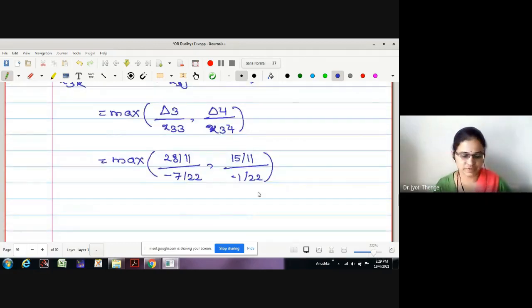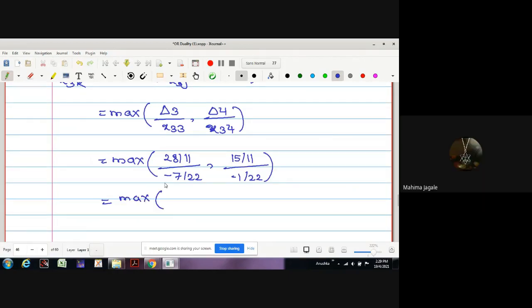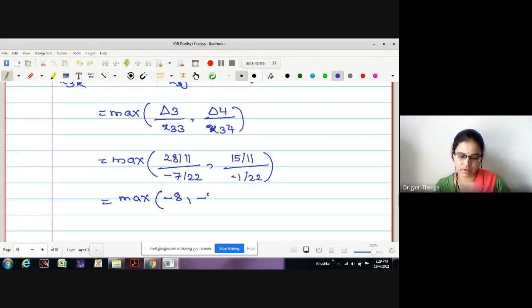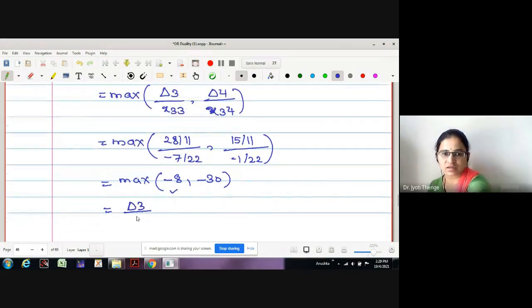Which one is maximum? What is the value of the first one? Minus 8. For the second, 11 to the 2, 15 to minus the 30, minus 30. So minus 8 is maximum, which corresponds to delta 3 upon x33. Correct now?